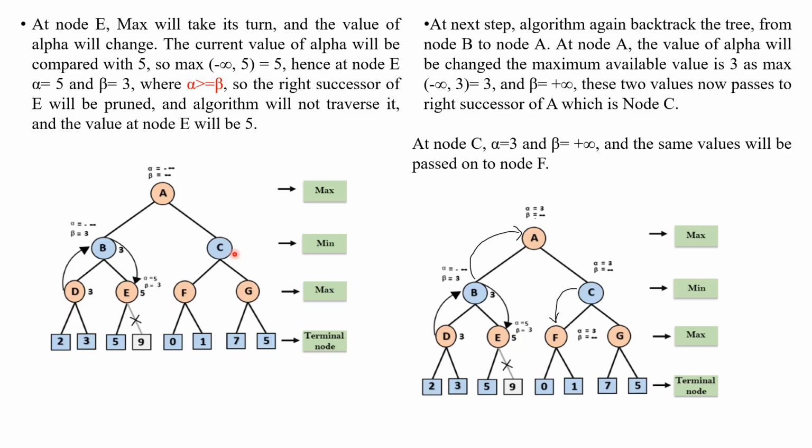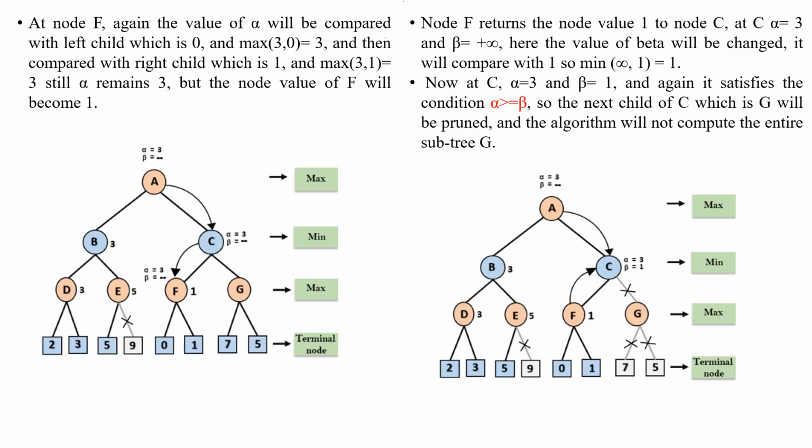This alpha and beta are passed to node C. At node C, alpha is 3 and beta is plus infinity. The same values are then passed to node F.